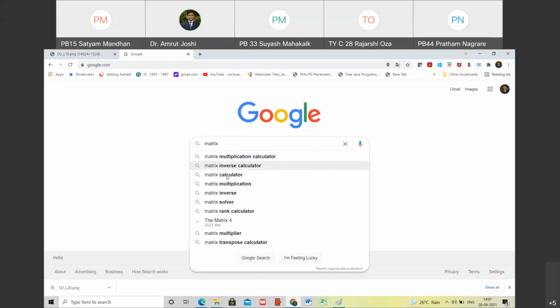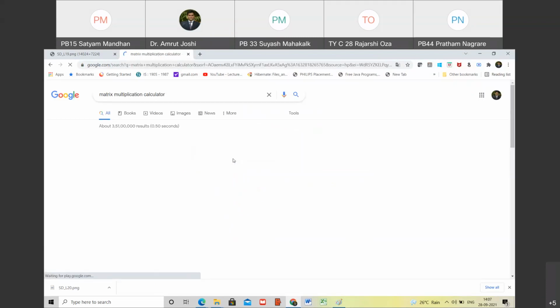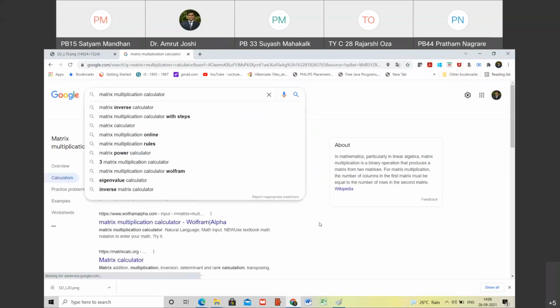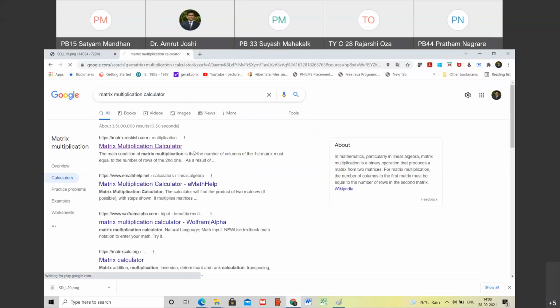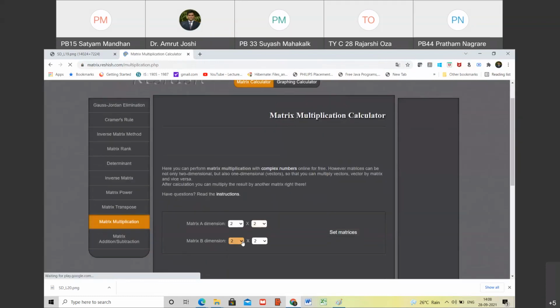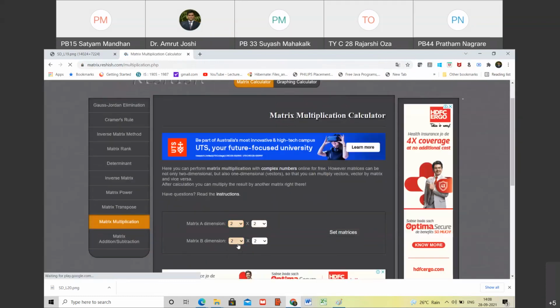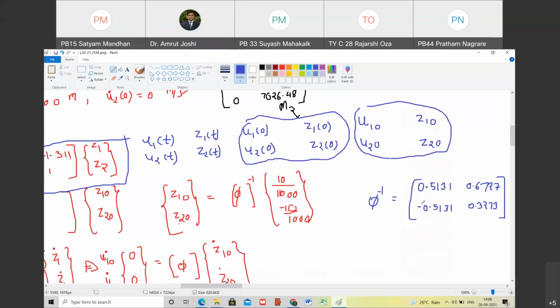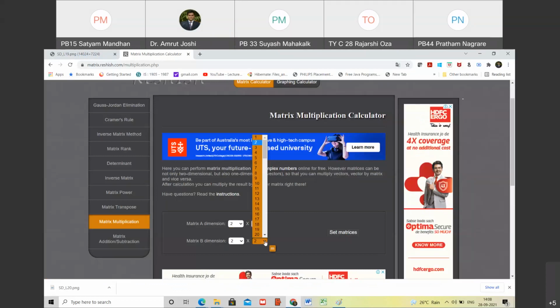Matrix multiplication. It is the same one. Let us try it once again. Matrix A into matrix B. Matrix A dimensions are phi inverse, 2 cross 2. This is 2 cross 1.